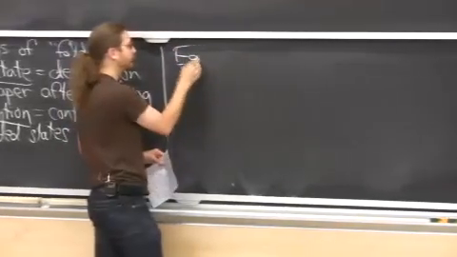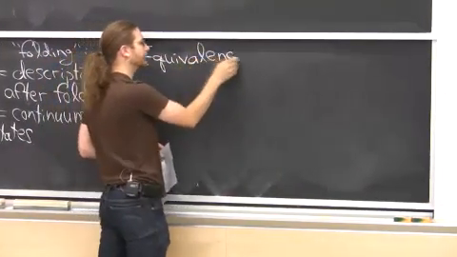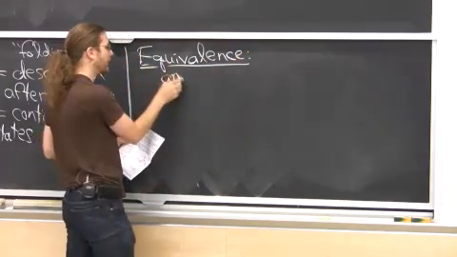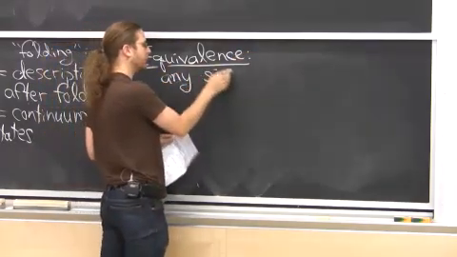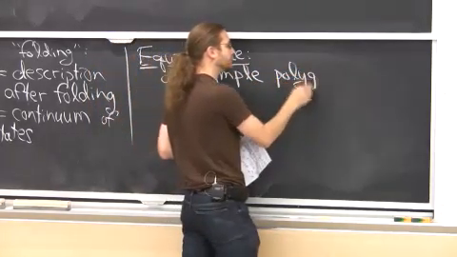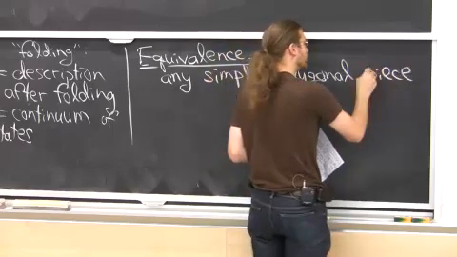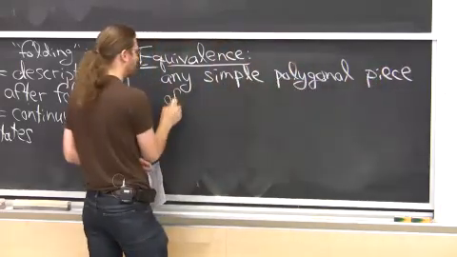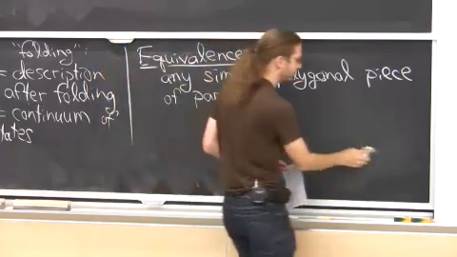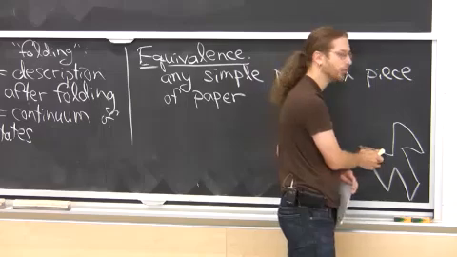The good news is, the reason we haven't worried about this up till now, is there's an equivalence between the two for paper folding. So if you have what's called a simple polygonal piece of paper, that just means your piece of paper is some polygon, but it has no holes in it.